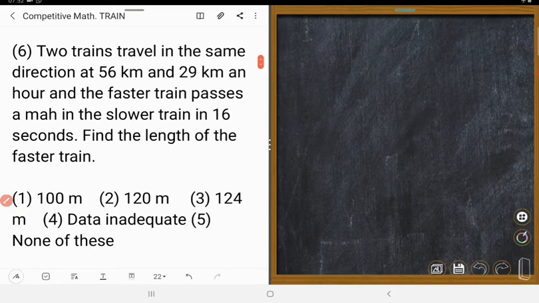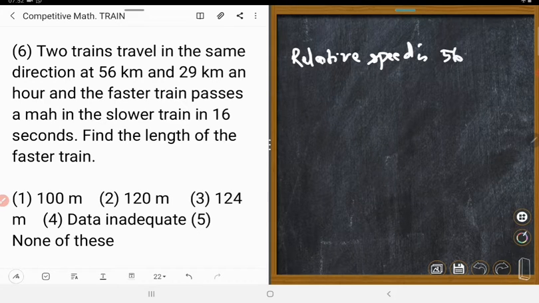Number 6. 2 trains travel in the same direction at 56 kilometers and 29 kilometers. Both the trains are in the same direction, so their relative speed is 56 minus 29, which is equal to 27 kilometers per hour.